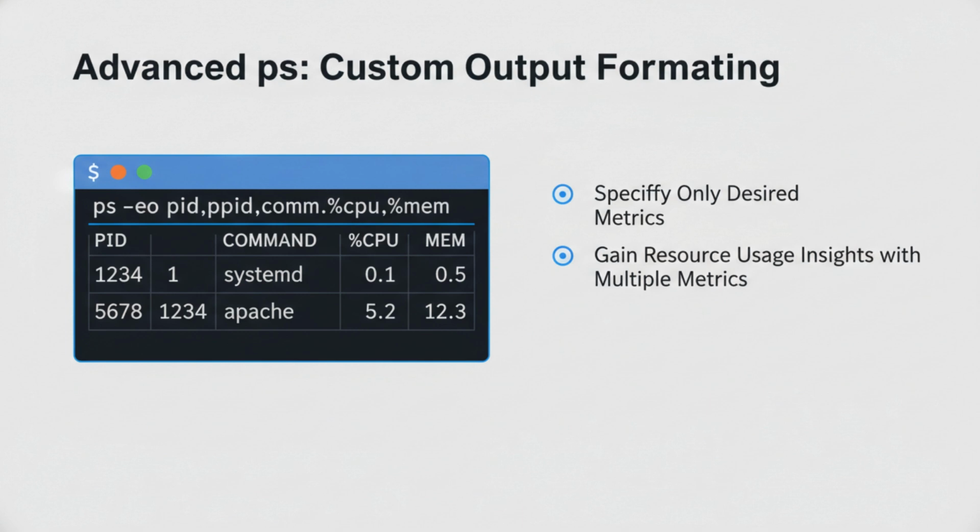For example, ps -eo pid,ppid,comm,%cpu,%mem will display only the process ID, parent process ID, command, CPU utilization, and memory utilization. This custom columns approach helps in generating resource usage insights tailored to your query, whether you're debugging memory leaks or identifying CPU-intensive applications. It's a powerful way to get multiple metrics without sifting through unnecessary data.